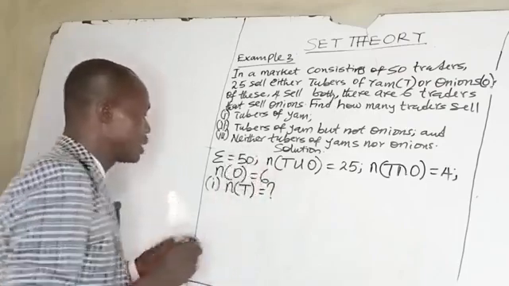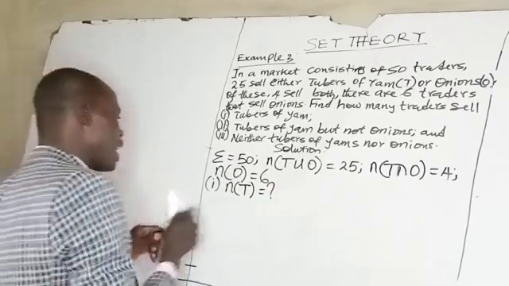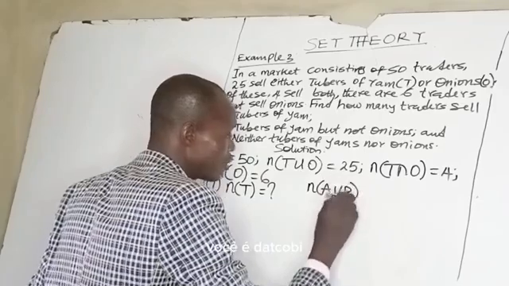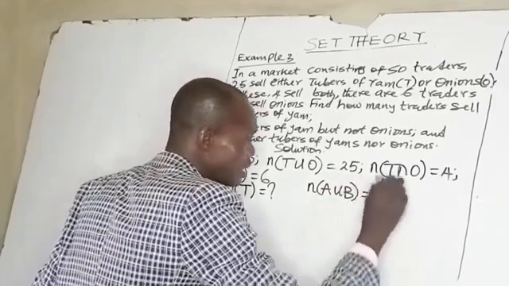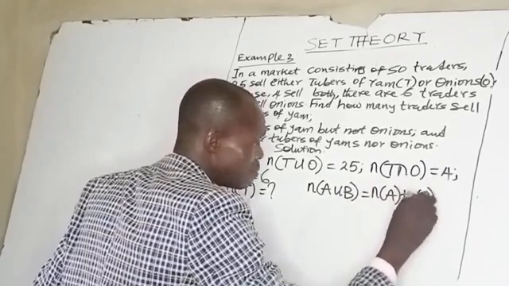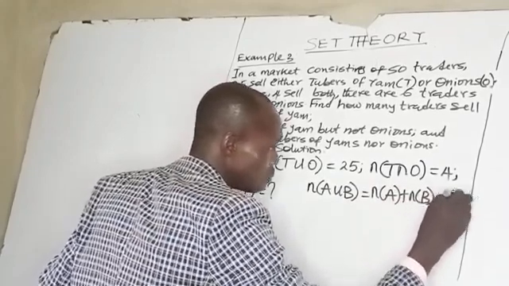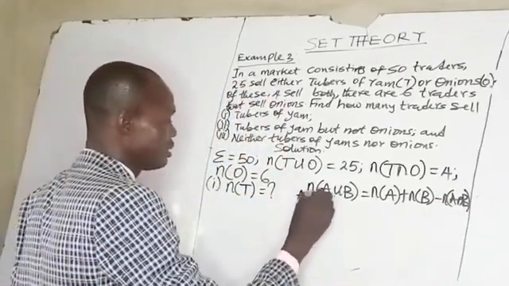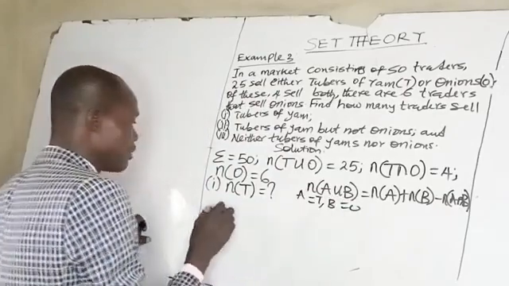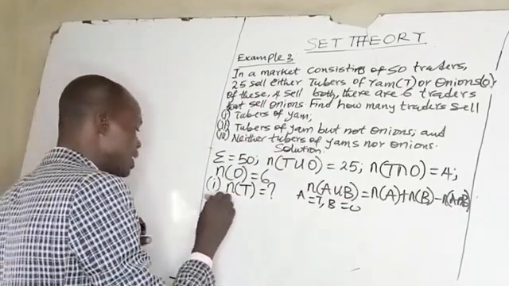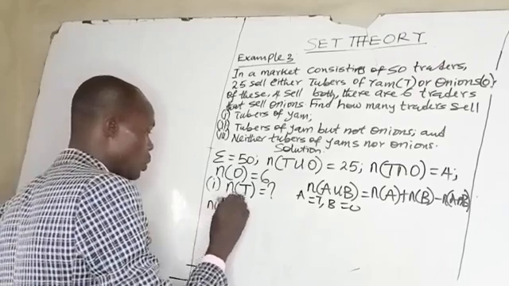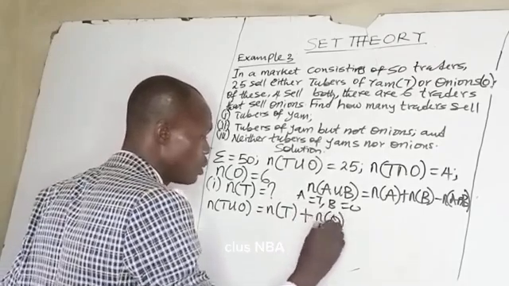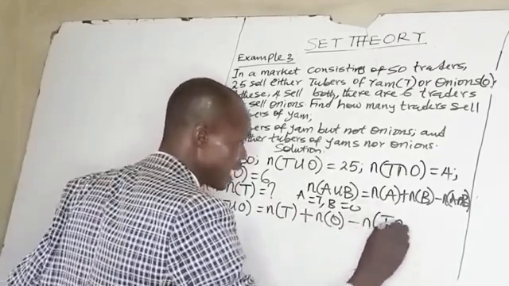Remember, I've told you earlier that number in A union B is number in A plus number in B minus number in A intersection B, where A is T while B is O. So the formula will appear as number in T union O equals number in T plus number in O minus number in T intersection O.